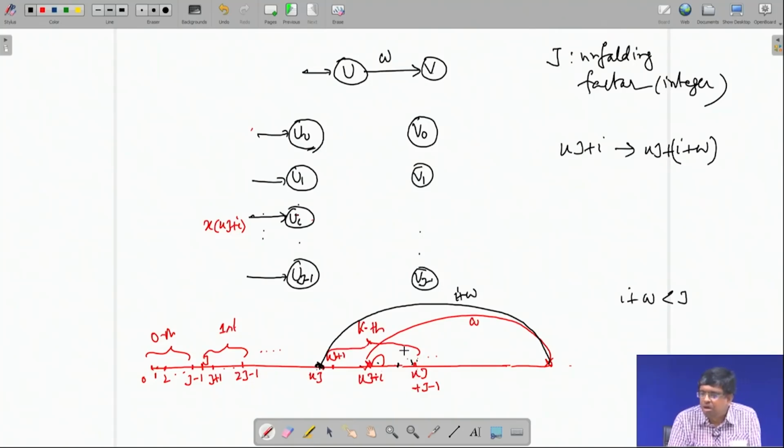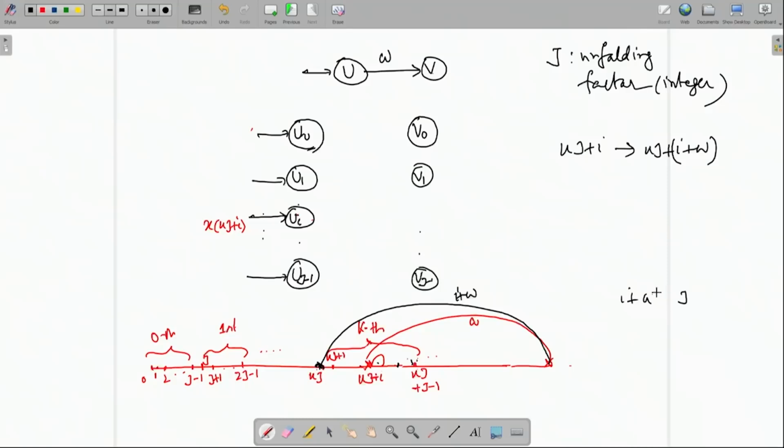Okay. But suppose now it is not less than J, it is greater than equal to J, but less than 2J.